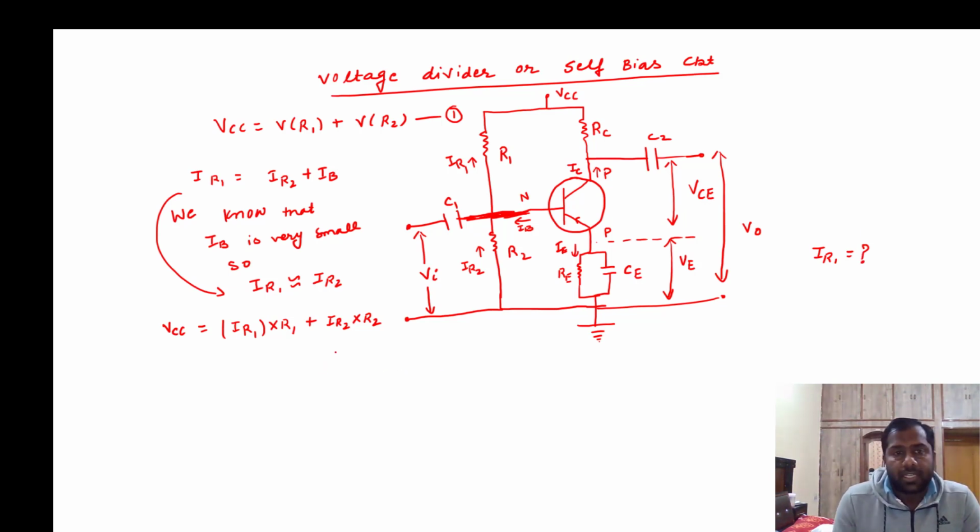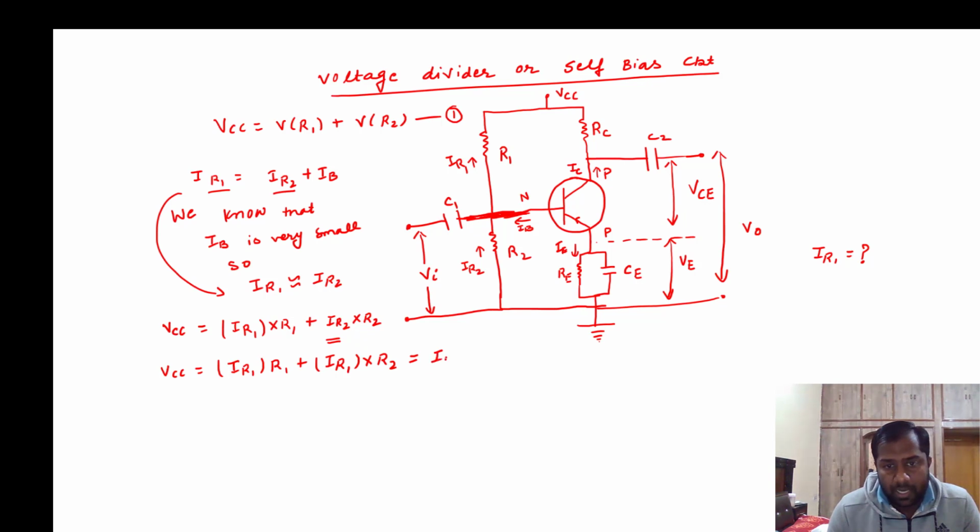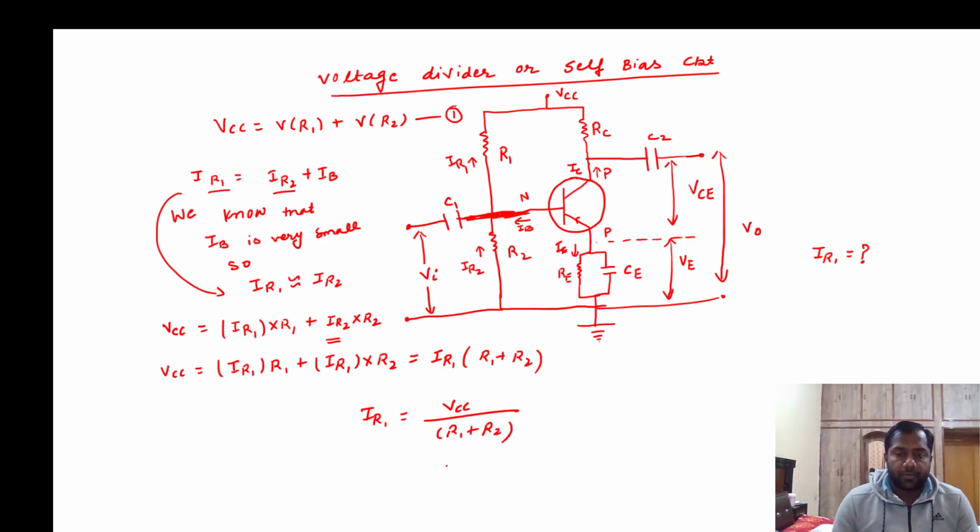If we look here, this current IR1 is equal to current IR2, and VCC is simply IR1 into R1, and I can replace this IR2 with IR1 into R2. If we take IR1 common, in the bracket will come R1 plus R2. So what is our IR1, children? This is VCC divided by R1 plus R2. So we have this amount of current passing through the resistance R1.